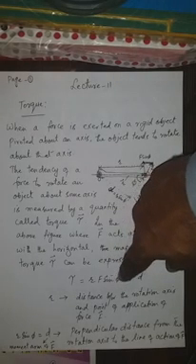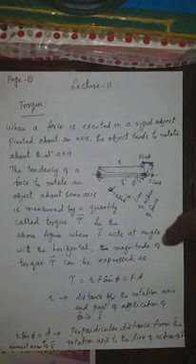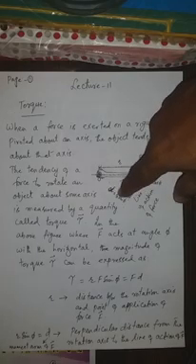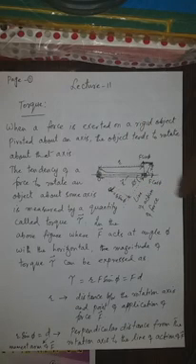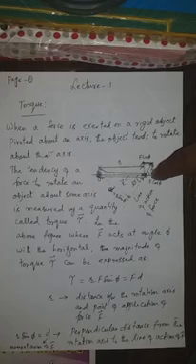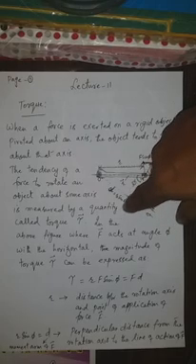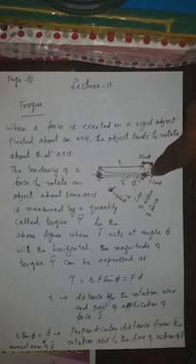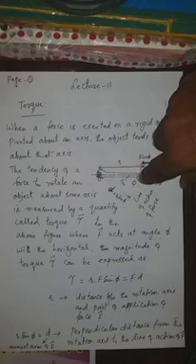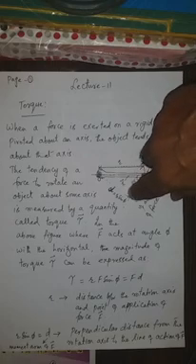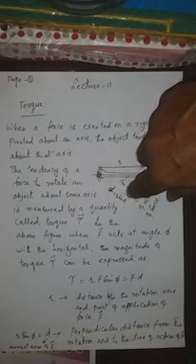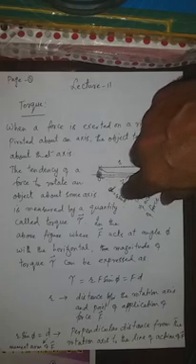We replace this r f sine phi by f t, where t is the moment of the applied force. How was it found? As we know, this is the line of action of force, and here this is angle phi, and here we say that the angle is 90 degrees.